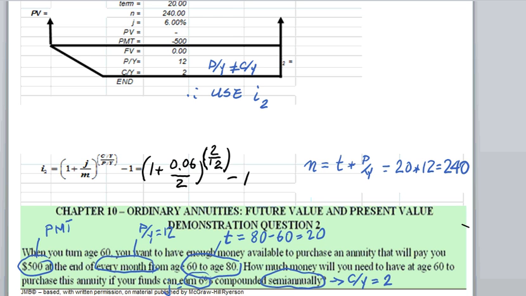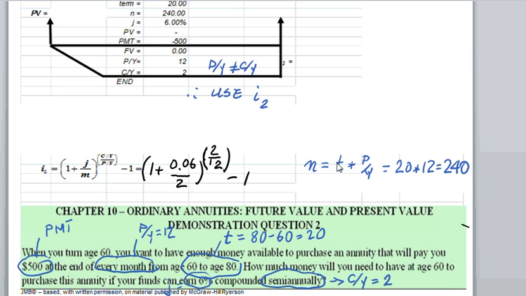To help us understand this a little bit better, we want to show a diagram, a money line. So I prepared a cash flow diagram, extracting all the information that is given to us. First of all, present value is the unknown, the one we'll have to solve for. The term is the number of years from 60 to 80, that's 20 years.